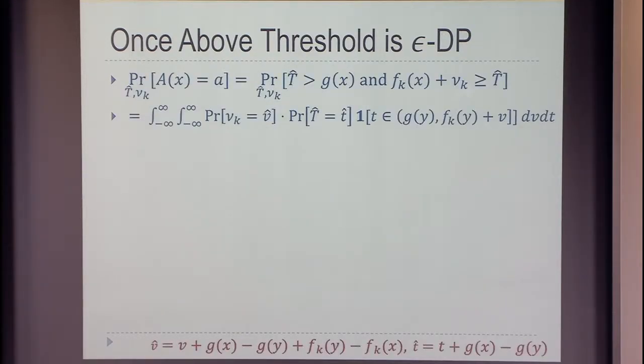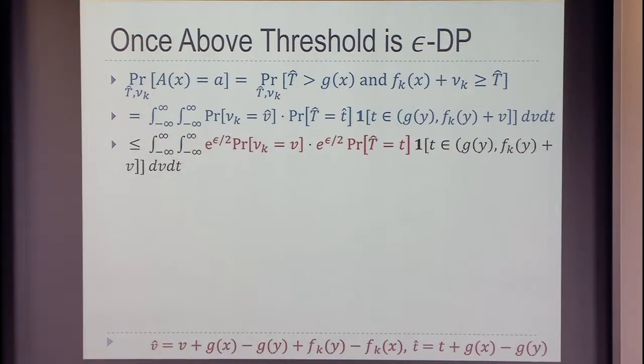This is from the previous slide. So when we take these together, what's going on here? Well, I'm going to take the probability that we got v hat here and replace it by e to the epsilon over 2 times the probability that we got v. And notice that v hat minus v is bounded by 1.